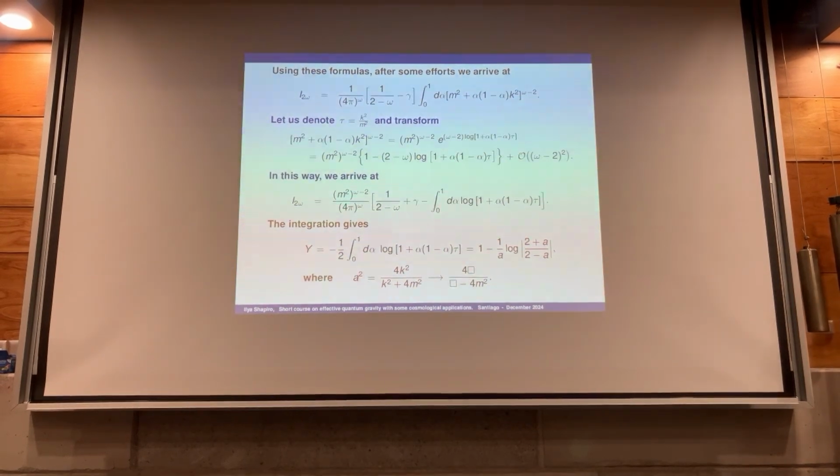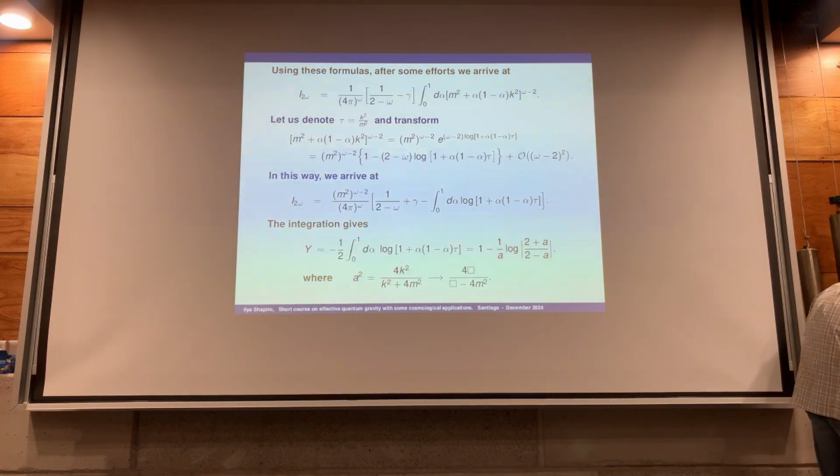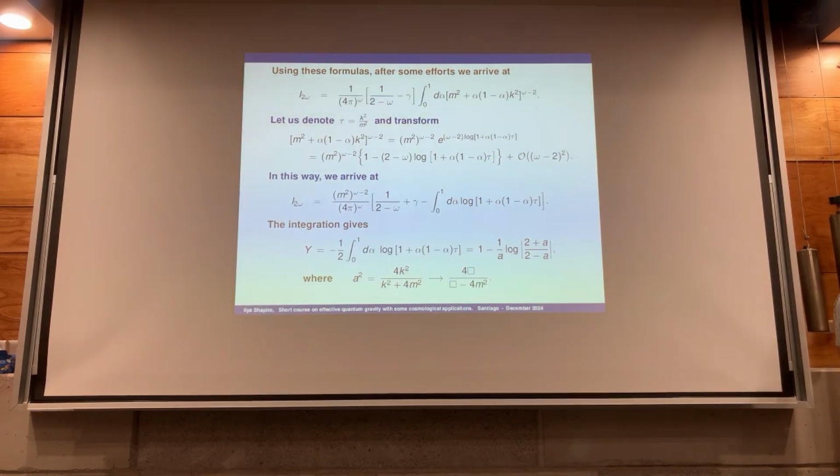And then we have the exponential of omega minus 2 log m squared over mu squared. And then we expand this into a series and we get mu to the n minus 4 multiplied by 1 plus omega minus 2 log m squared over mu squared.